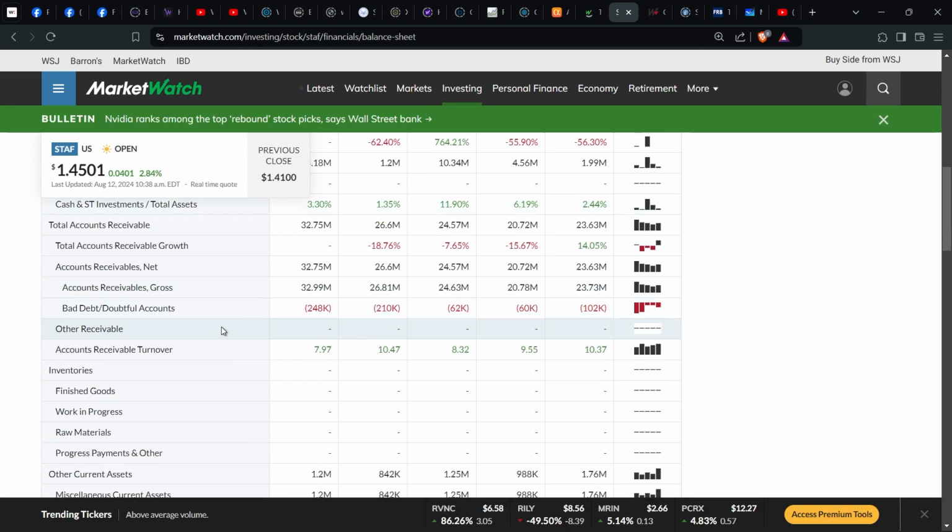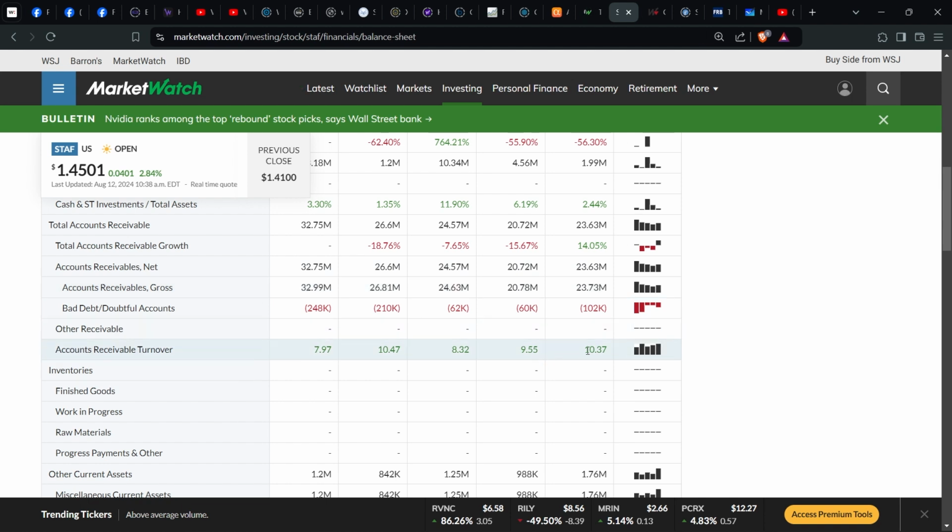We have an example here, but this is also not so bad, because a bad turnover ratio is something below 10. There's no benchmark, but something you would naturally consider bad is below 10. Why? Because remember, this is how many times in a year the receivables are converted to cash.